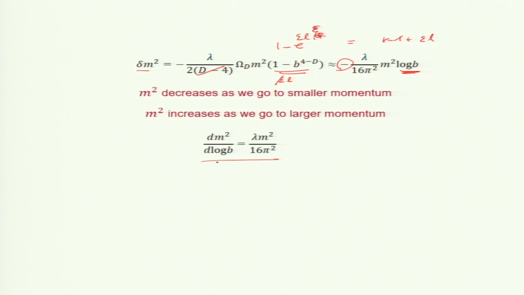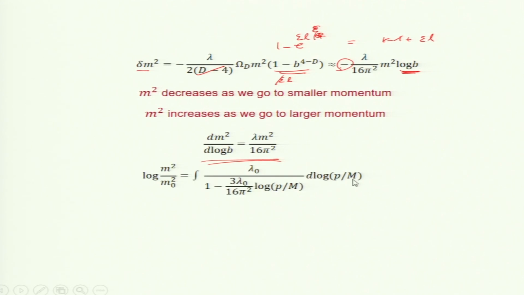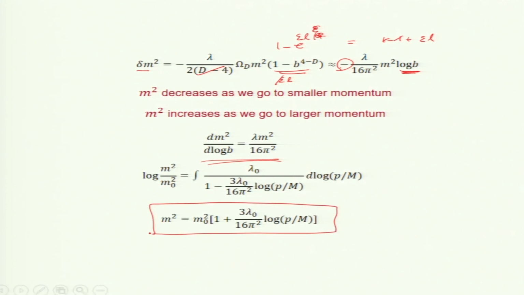I will skip the steps and write down the final answer. It is this: m squared is m naught squared plus this. So, the mass is increasing when I go to higher momentum. So, we can see that both charge and mass for phi-4 theory increase with momentum.